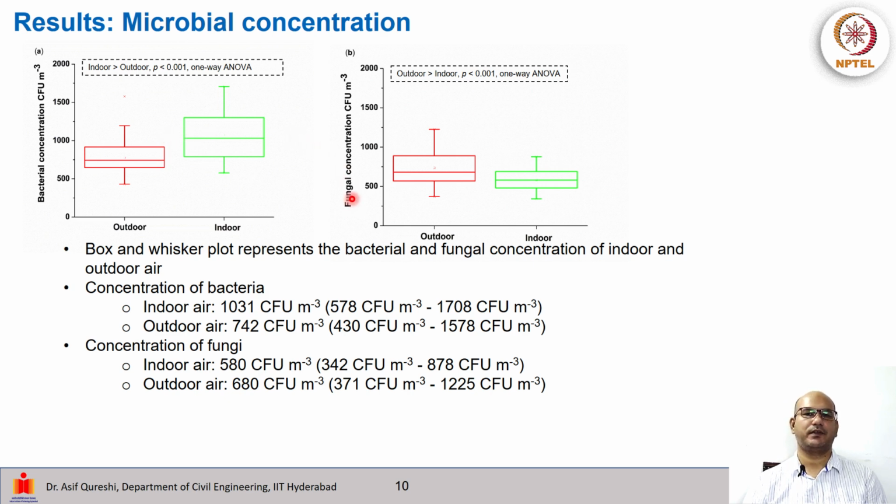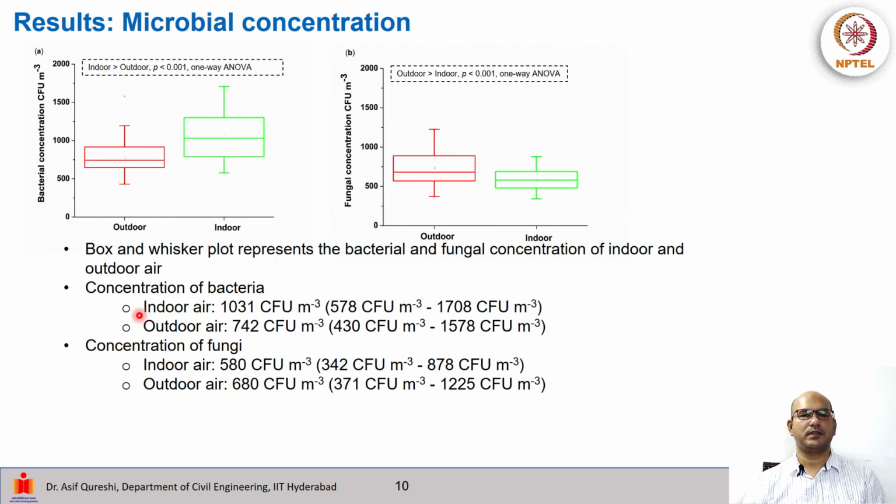Likewise, we have the figure here of fungal concentrations in colony forming units per meter cube. Here it was the opposite. The outdoor concentrations, with a median of around 700 CFU per meter cube, were actually higher than the indoor concentrations, median around 500 CFU per meter cube.